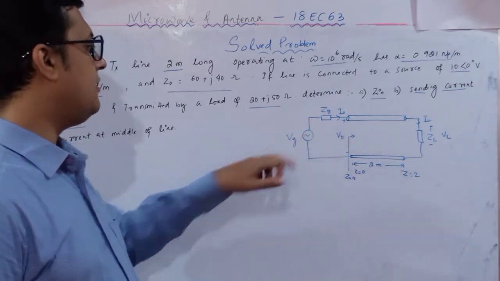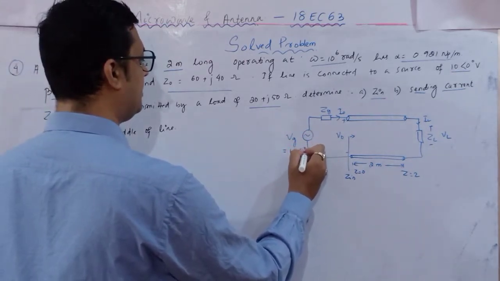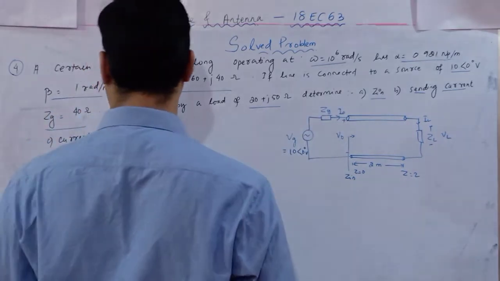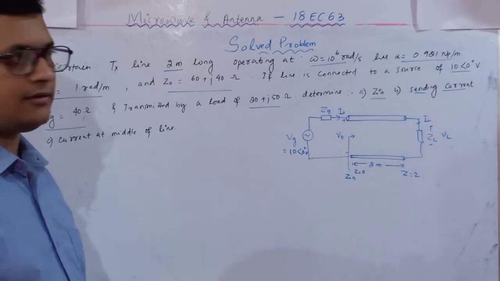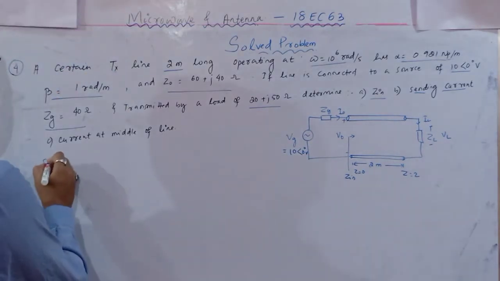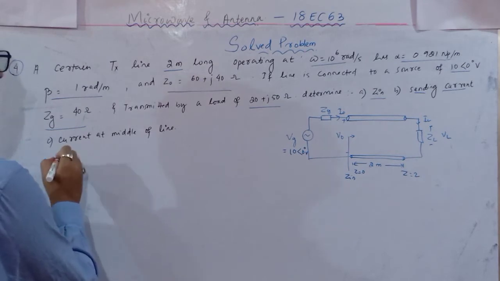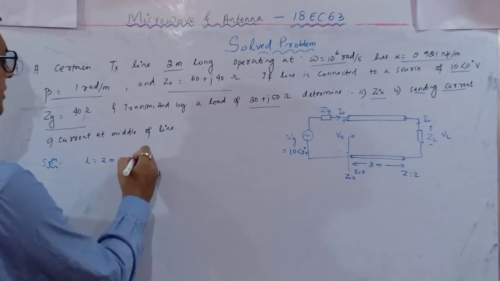ZG is present and VG is present. VG is how much? 10 angle 0 volt. How much is ZG? ZG is 40 ohm. So according to this figure we need to proceed. Okay. So first of all, what are the given data? We will see. The length of the line is 2 meter.